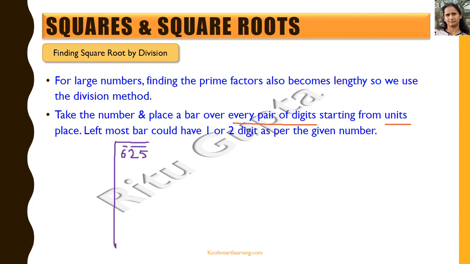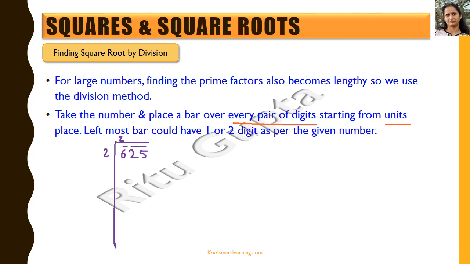Now we find a number whose square is just less than the number in the leftmost bar. The leftmost bar has 6 in this case. So we have 2 square, which is 4, which is just less than 6, and 3 square becomes more than 6. So we'll not take 3, we'll take 2 here, and we'll place 2 over here and 2 in the quotient area.